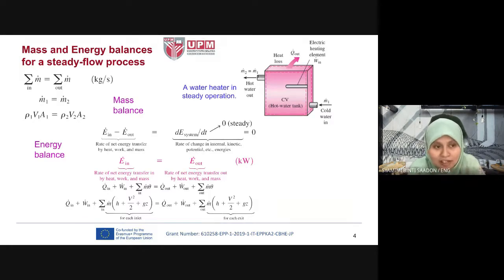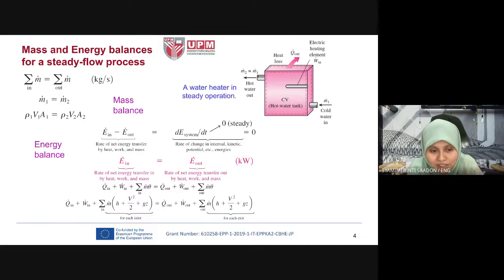But since we consider that the process can be treated as steady flow, the rate of change I mentioned just now doesn't depend on time. So this rate of change is zero in the steady flow assumption. So E in is equal to E out, like the mass balance just now.